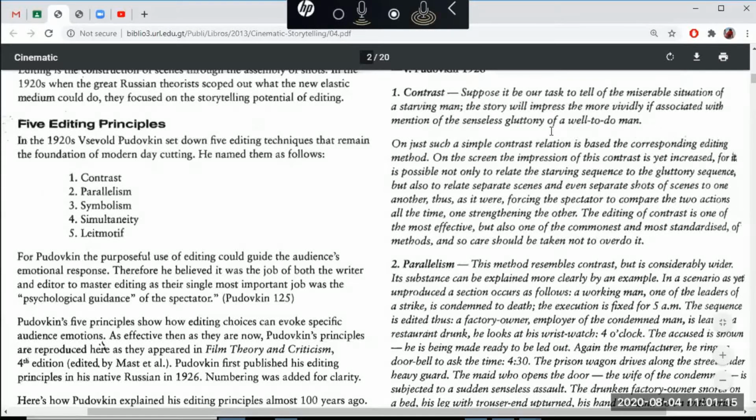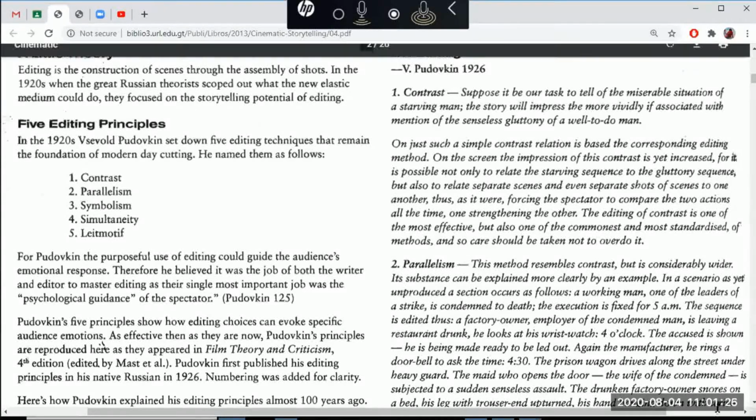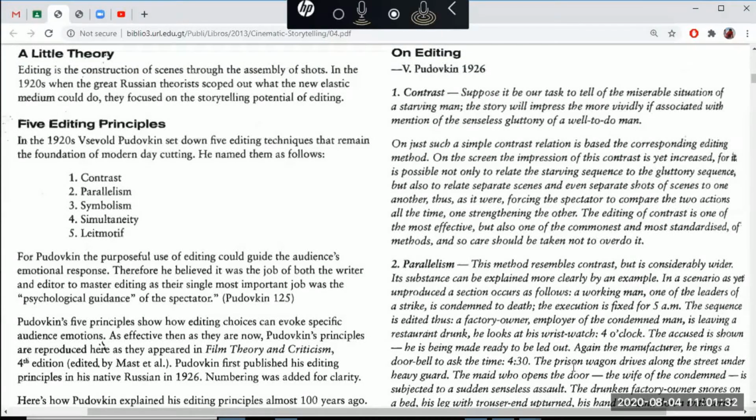Okay, so it says that Padovkin, in other words, you can say the filmmakers purposefully use simultaneous action or parallel action or contrast or leitmotif to give specific meanings to their content, or give specific meaning of the film, or to enhance the impact of the overall film. So they do it purposefully.